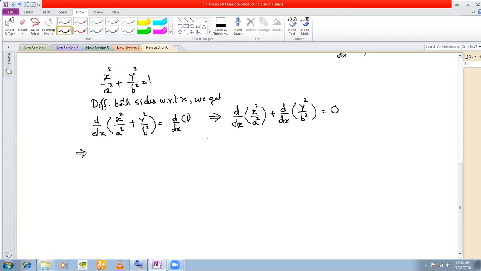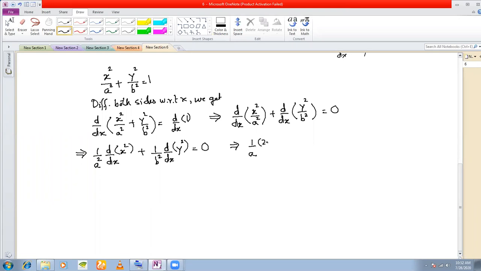That means now 1 by a square is a constant, so you can take it out of the differentiation. 1 by a square d dx of x square, equal to 0. Can I write in this way? So 1 by a square, and what is d dx of x square?